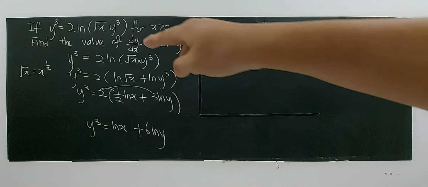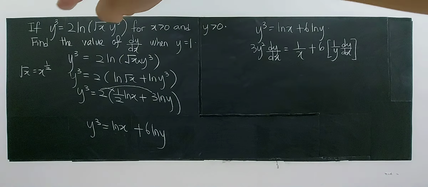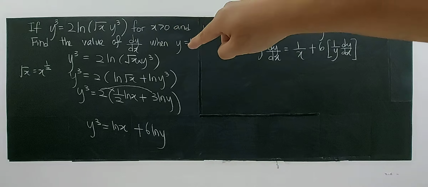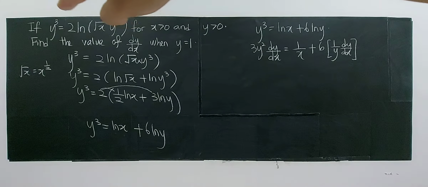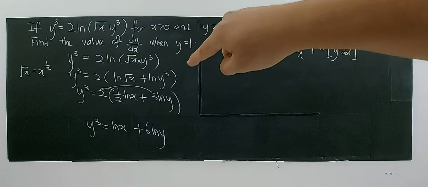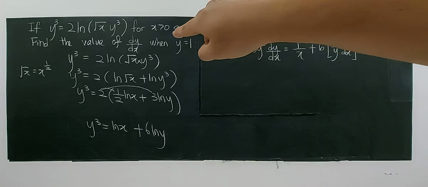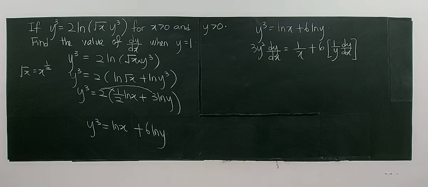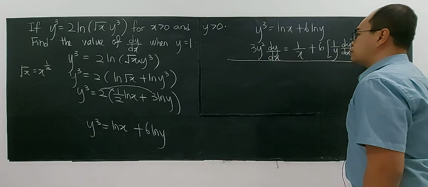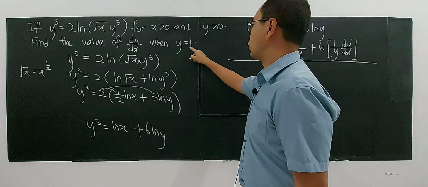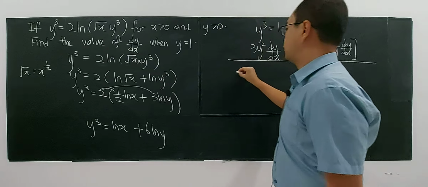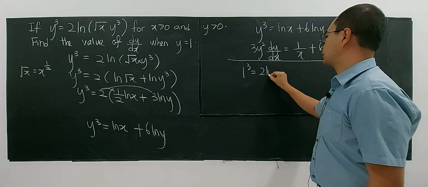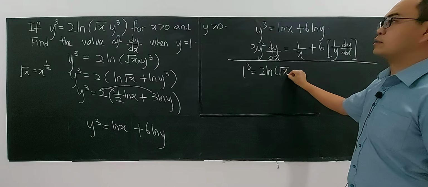So how are we going to get the value of x? This is the equation that relates x and y, so I can substitute the value of y here. When y is 1, what is the value of x? The first thing I want to do is find the value of x before I evaluate dy/dx. So I substitute y equals 1 into the implicit function: 1 cubed equals 2 ln square root of x.